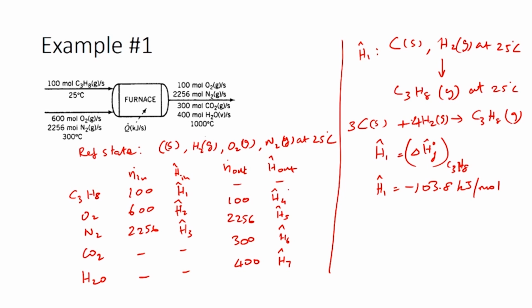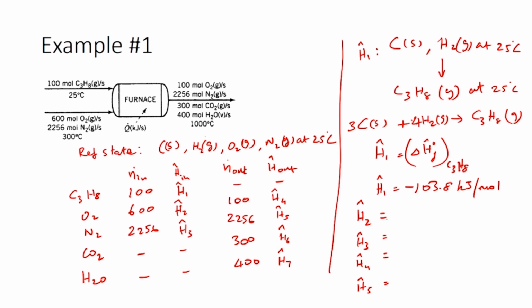So, these would be processes where you only have change in temperature, which was exactly the same as what you had in the previous method, the heat of reaction method as well. So, let us not waste time trying to explain what that process is. We can just get the values for H2, H3, H4 and H5 directly from the tables for combustion gases. So, we will fill out these values.